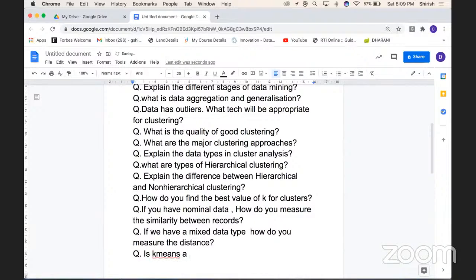Is k-means a deterministic or non-deterministic algorithm? Now you will tell me.